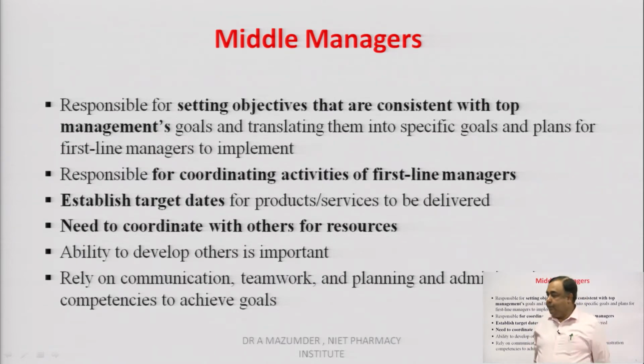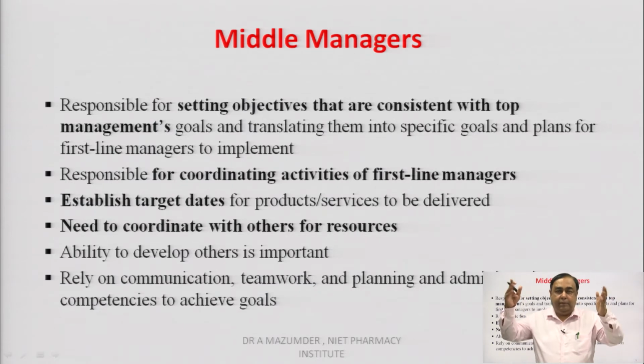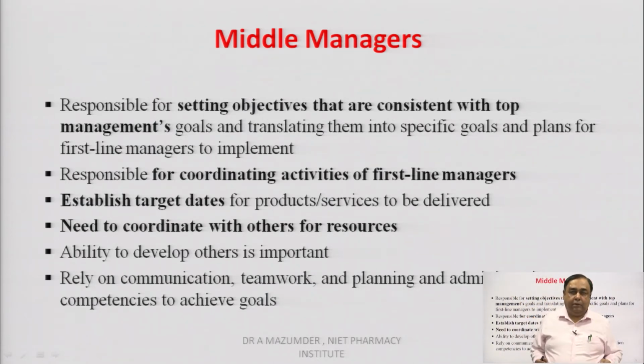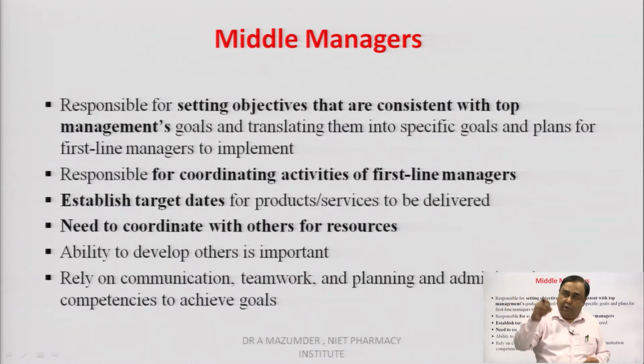As I have told you, the top level management takes a decision on what will be the strategy, what will be the 5 years plan, what will be the short term and long term plans, and they pass on the information to the middle level.